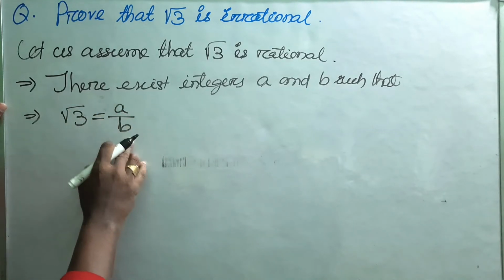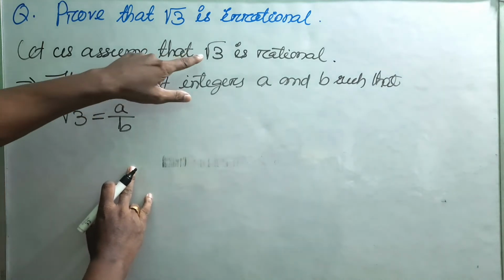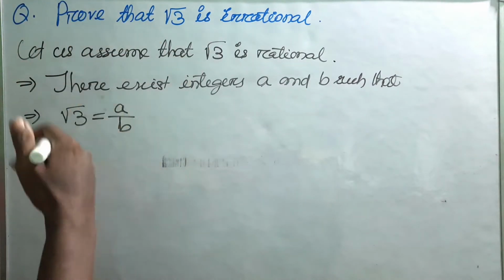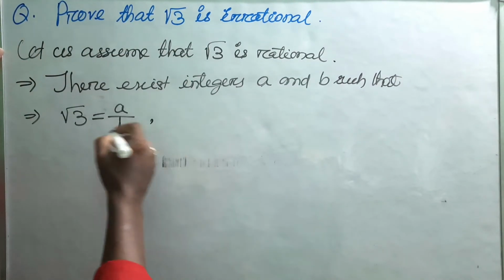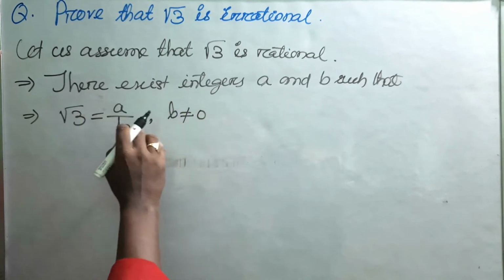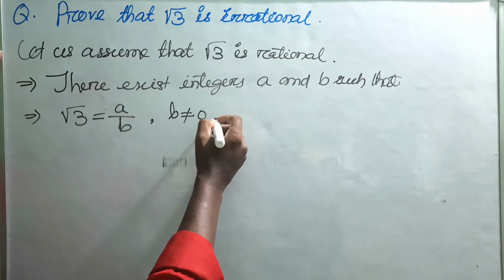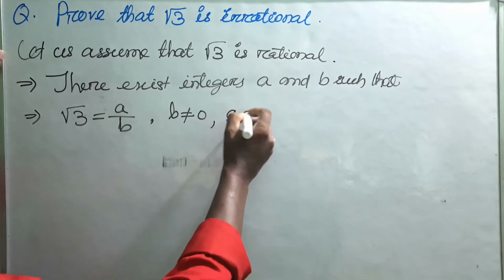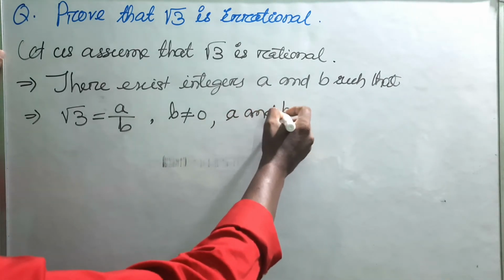We can express it in a by b form because we have assumed root 3 is a rational number. So what are the conditions it has to satisfy? You know, b must not be 0, and a and b are co-prime.